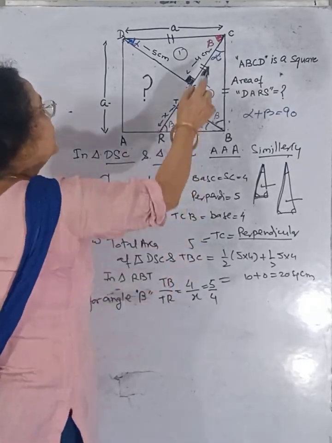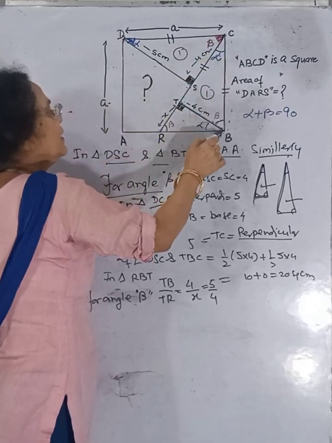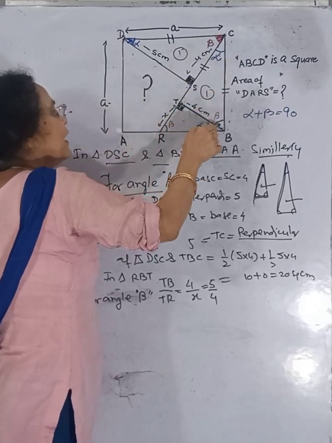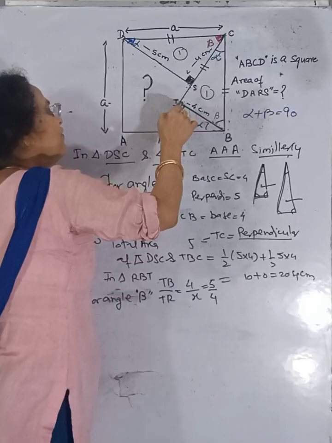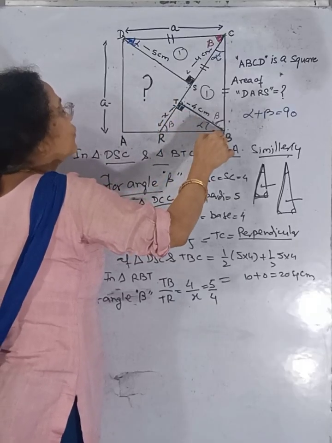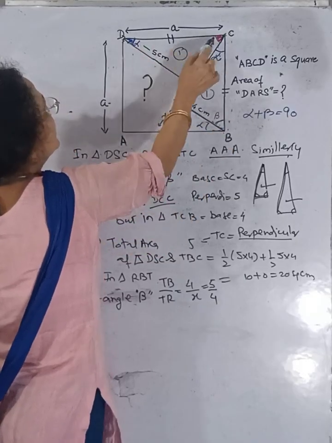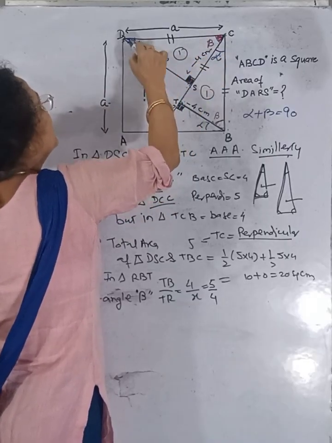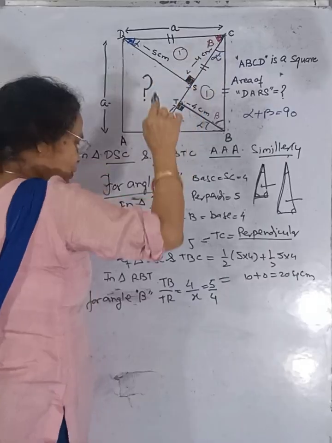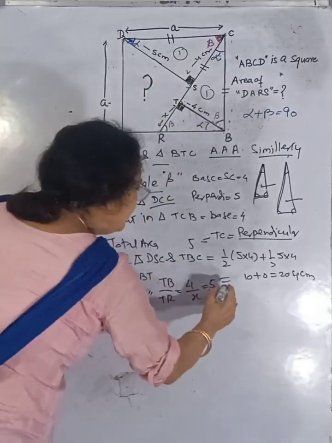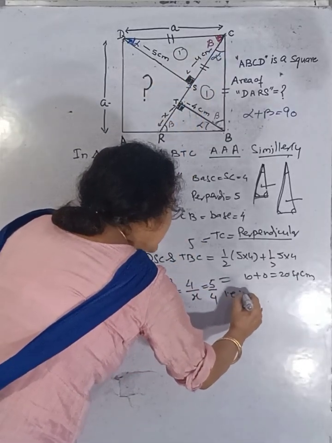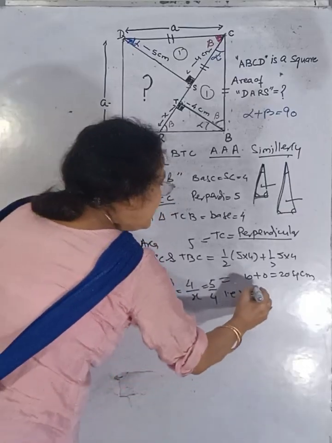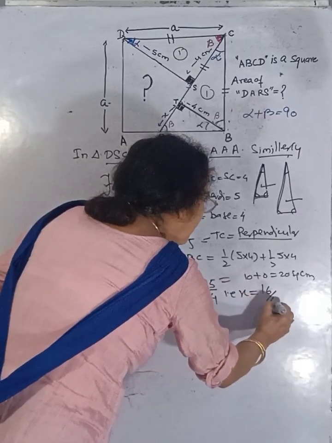In this triangle CTR, for angle beta, perpendicular 5 upon base 4. You can consider this triangle also. So 4 upon x equals 5 upon 4, which means x can be obtained. It means x will be equal to 16 by 5.